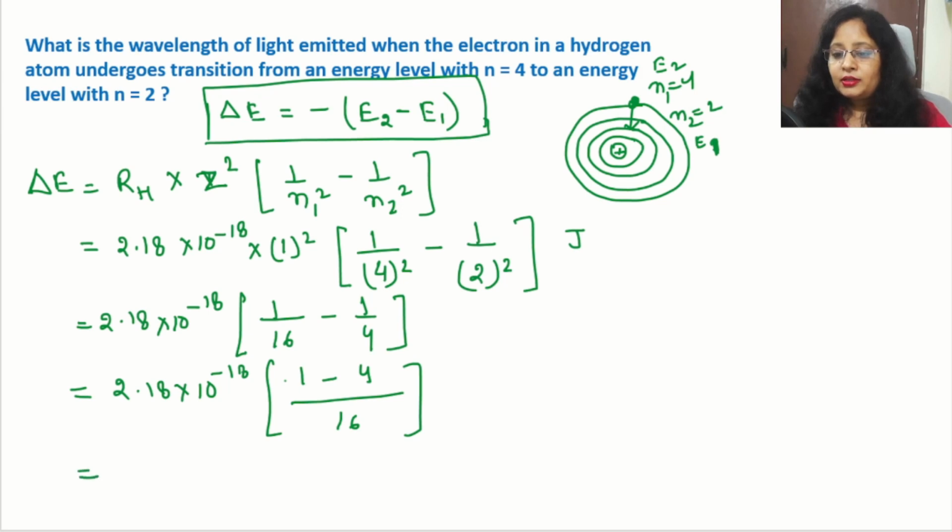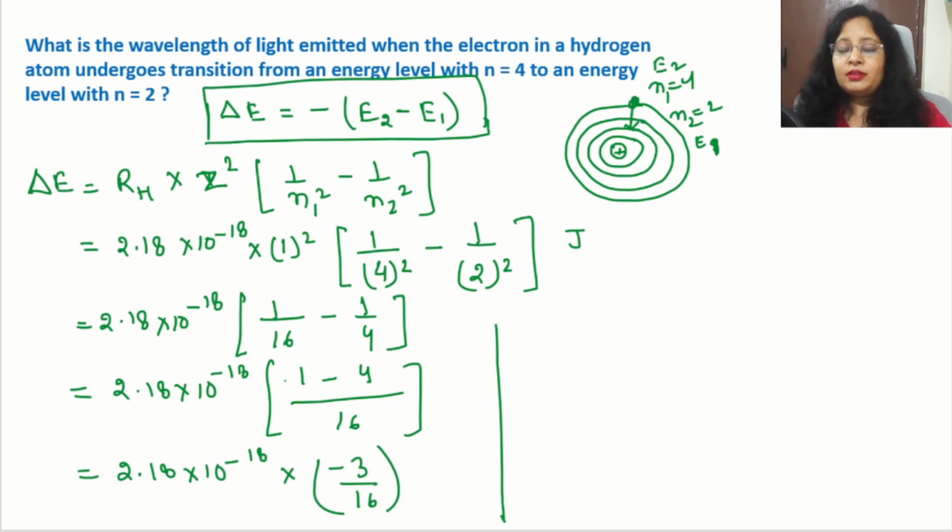So we can write it 2.18 into 10 to the power minus 18 multiplied by minus 3 upon 16. Now if we do the multiplication, minus 3 with 2.18, we will get the value minus 6.54 divided by 16 into 10 to the power minus 18 joule.